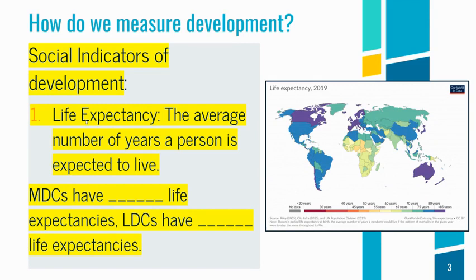And just thinking a little bit about, is life expectancy a good thing or a bad thing? Having a higher one, you're going to fill in the sentence and say, more developed countries have longer life expectancies. Less developed countries have shorter life expectancies. It's a general rule of thumb. There are definitely exceptions, but this is kind of what you're looking at.